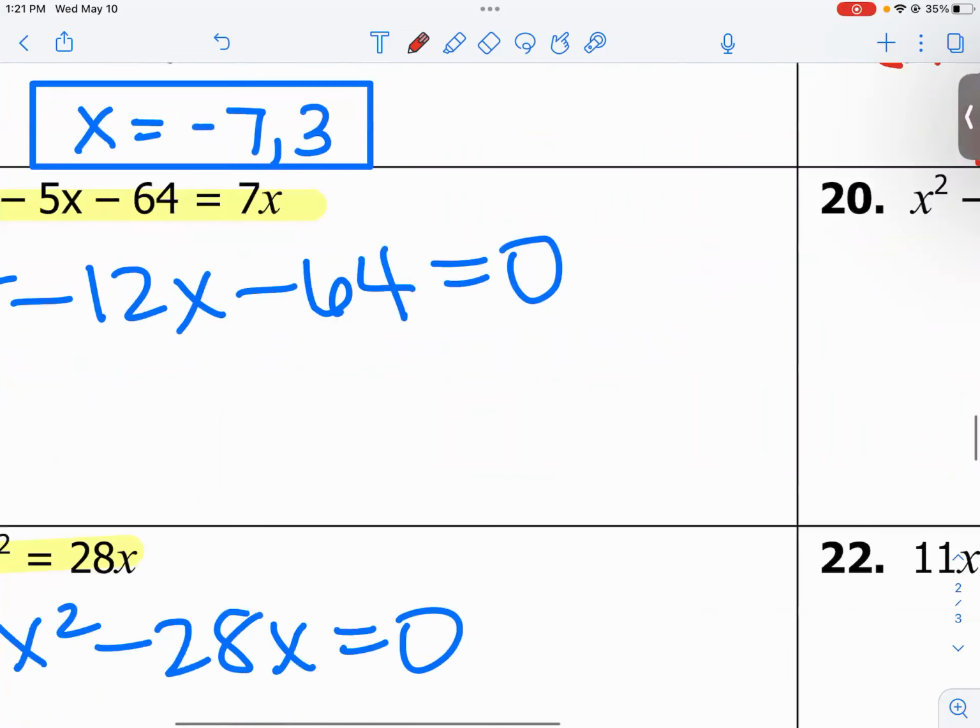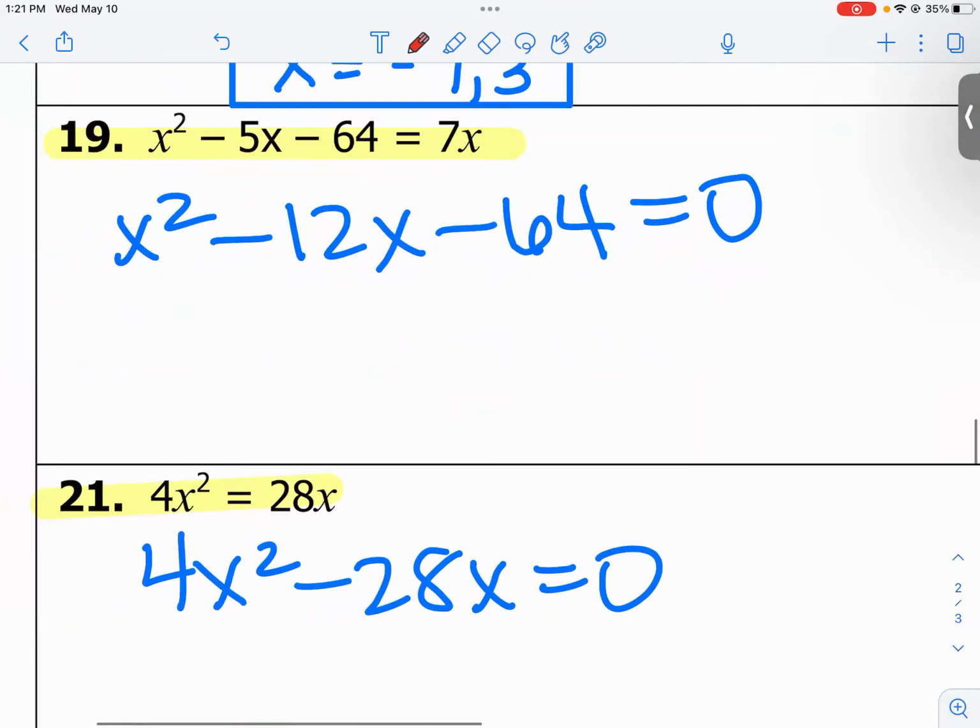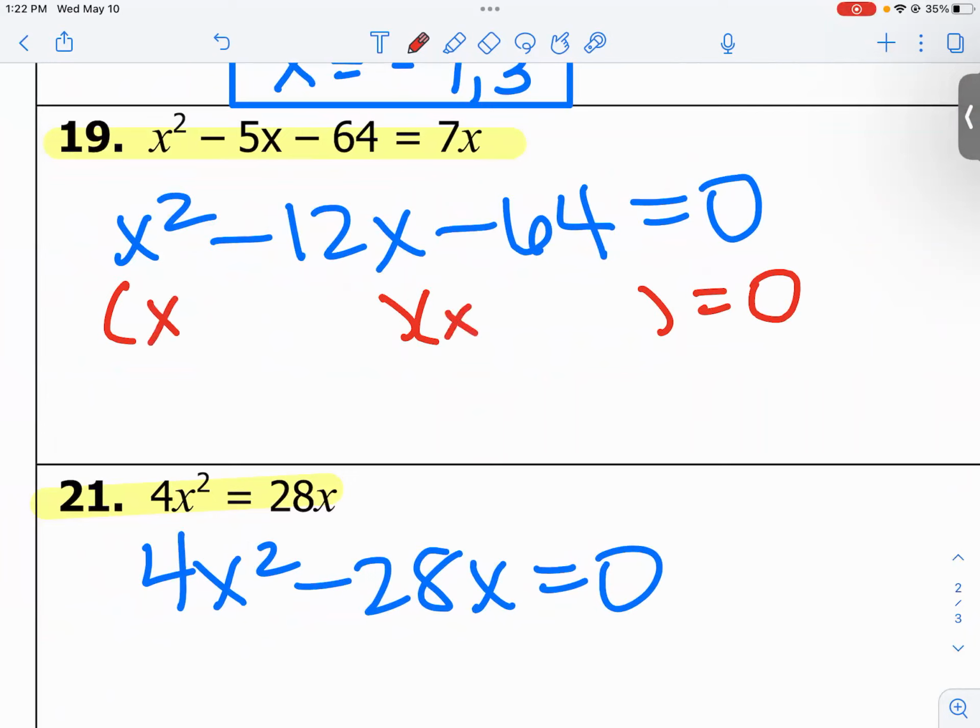Okay, in number 19, you need to move that 7x over, and now we have this. Okay, Jaya, what is this factored to? We need two numbers that multiply to -64 and add to -12. So off the top of your head, what are two numbers that multiply to 64?